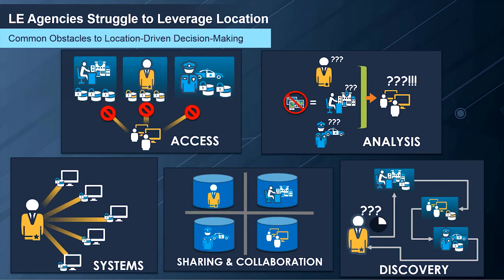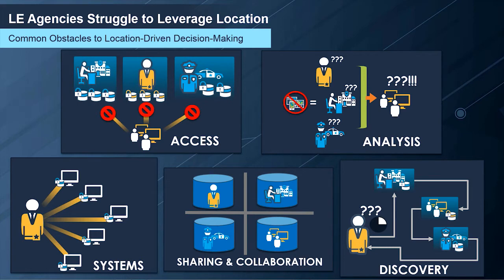Another big issue that we hear a lot about is challenges associated with sharing and collaboration. That agencies lack tools to facilitate communication both internally and across partners and stakeholders in the community. We hear things like patrol operations supervisors who are unaware that they're setting up some kind of proactive detail right in the middle of a targeted major narcotics investigation area.